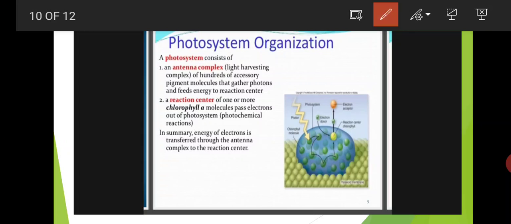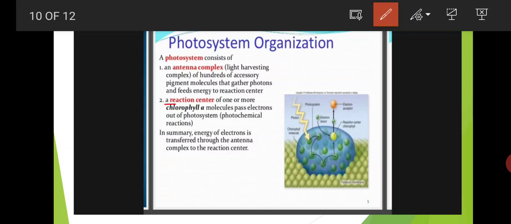The antenna complex consists of hundreds of accessory pigment molecules that gather photons and feed energy to the reaction center. Next part is the reaction center.